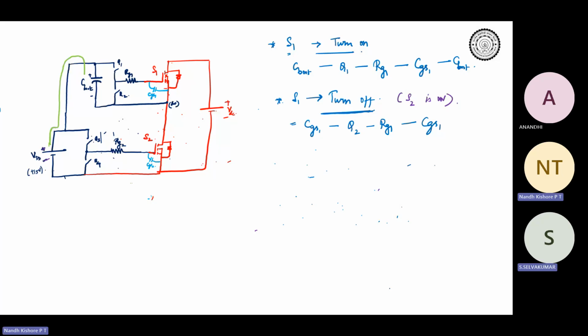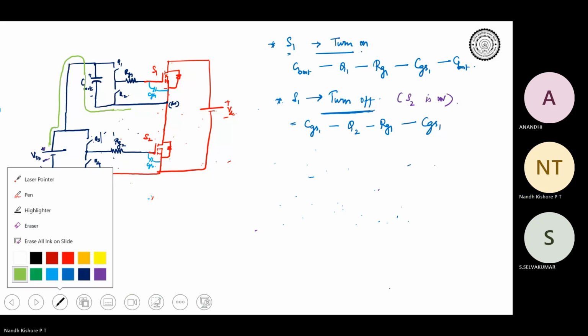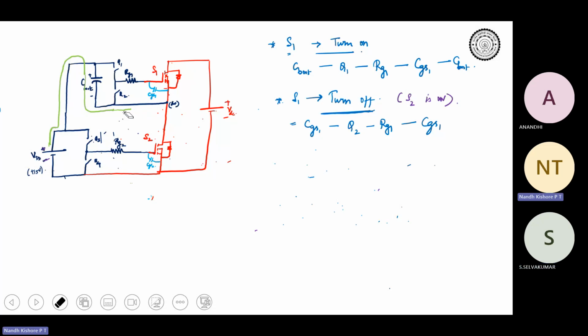It will come over here. Then Q2, S2 is on, right? It is a short circuit that will complete the circuit. Then where will it go? Will it go to Q2 or will it go straight to the switching node? Correct, it can go directly to the switching node, the shortest path.